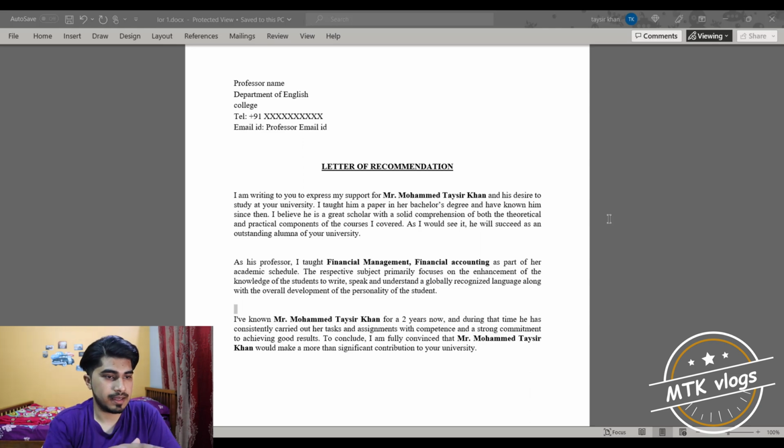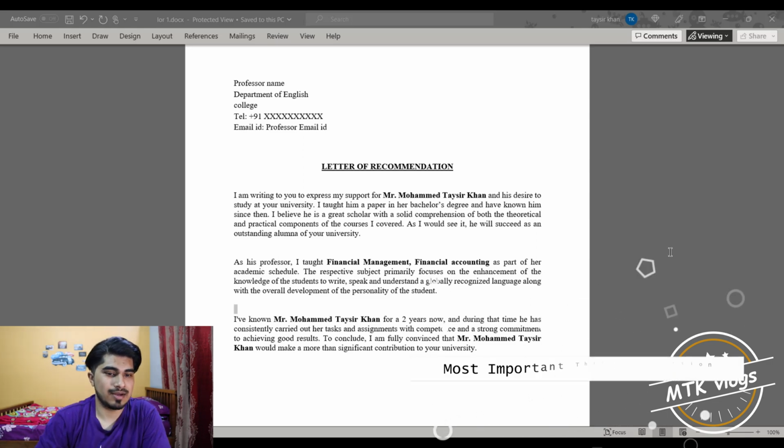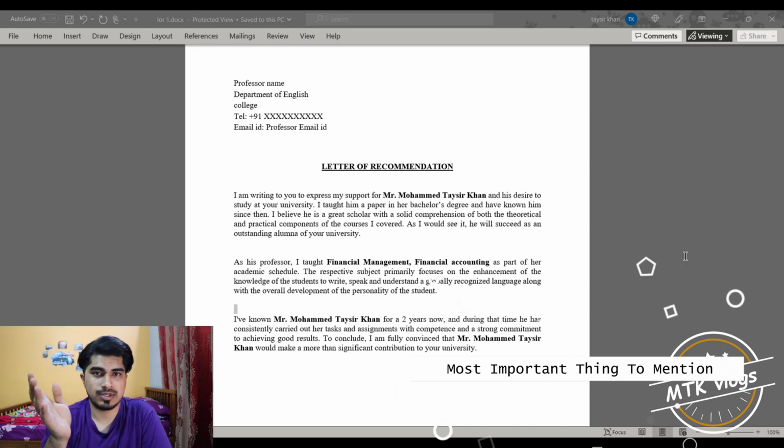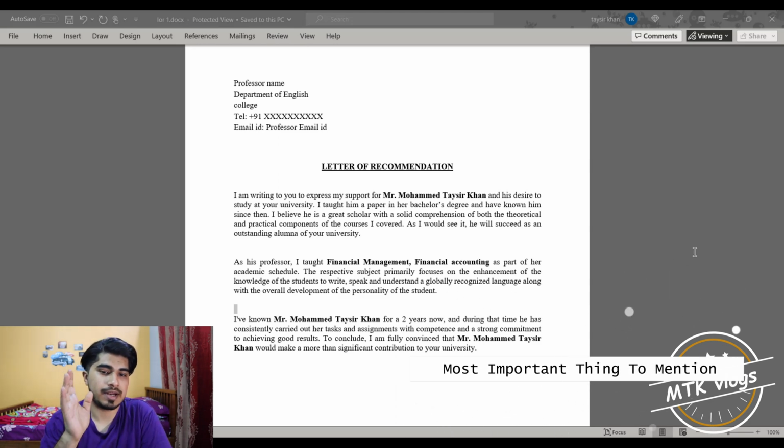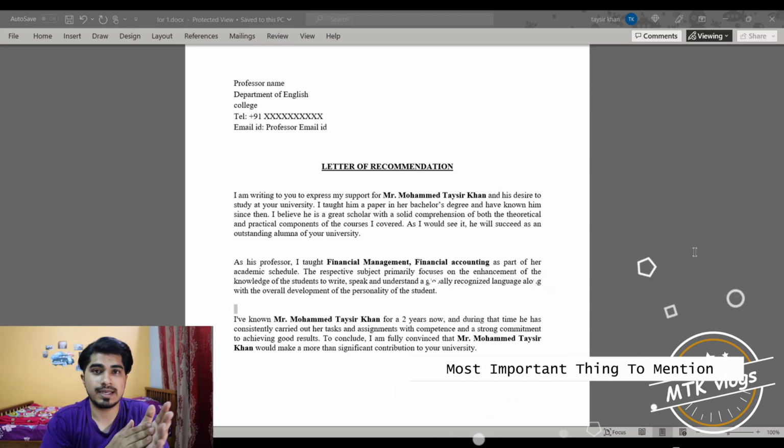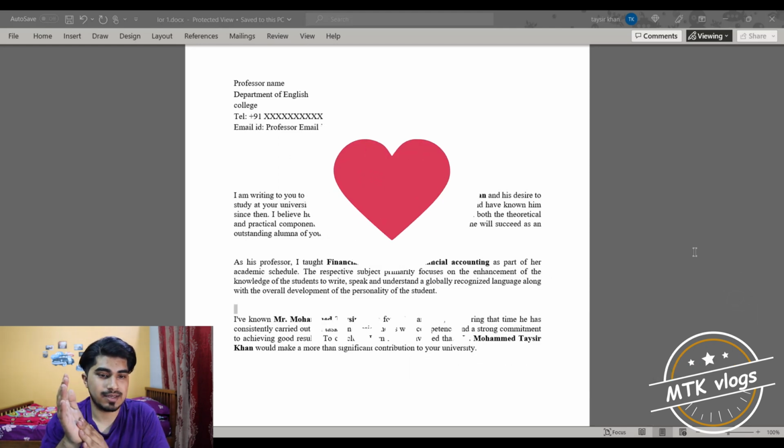In the second paragraph, he is telling what he has taught me, explaining the subject he taught me, what I understood and what I'm focusing on, enhancing the student's knowledge to write, speak, etc. Now I'm going to tell you one more thing: the subject you're trying to get attention for should also be in your master's program.